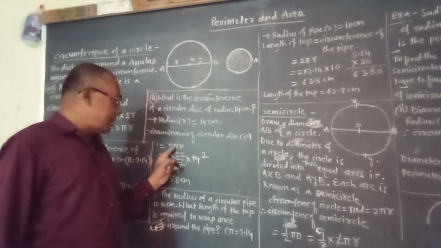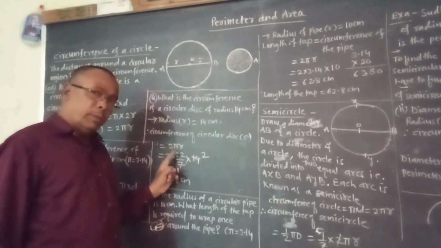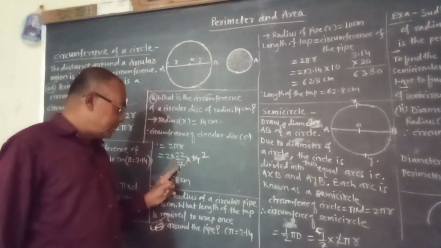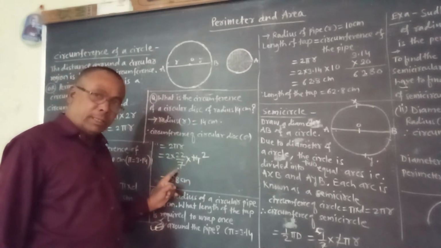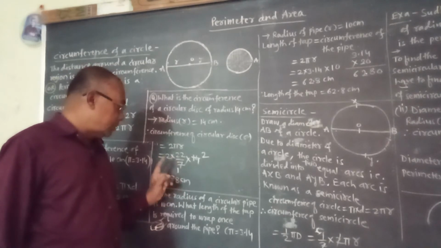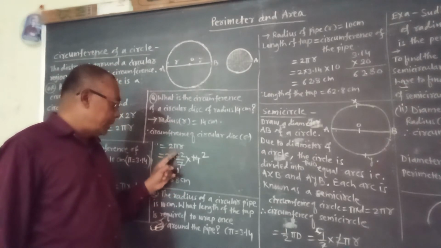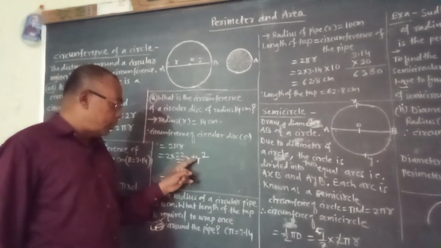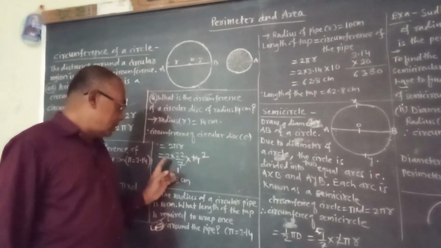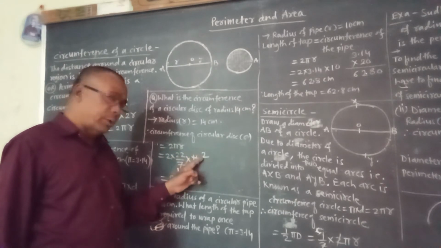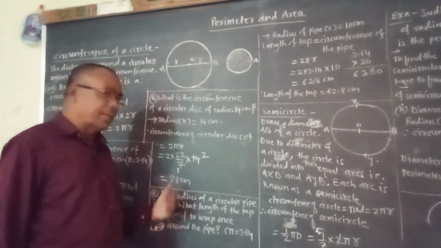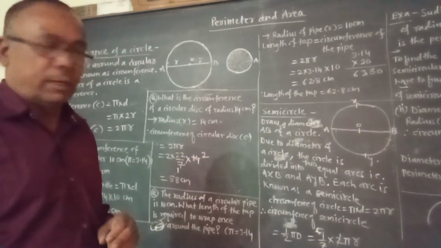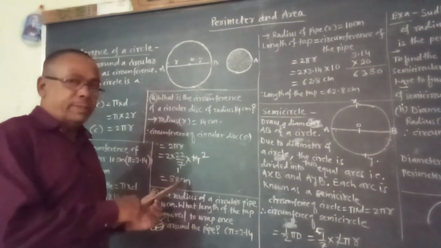Here we can take 22 upon 7 as a value of pi, because 14 is divisible by 7. So 2 into 22 upon 7 into radius 14. So dividing 14 by 7, we will get 2 into 22 into 2, and that will be 88 centimeter. In this way, the circumference of the given circle is 88 centimeter.